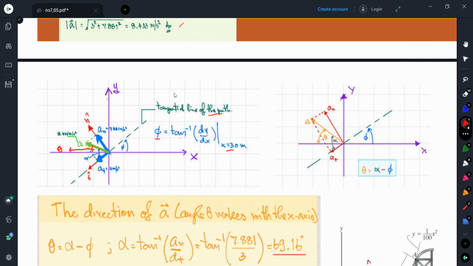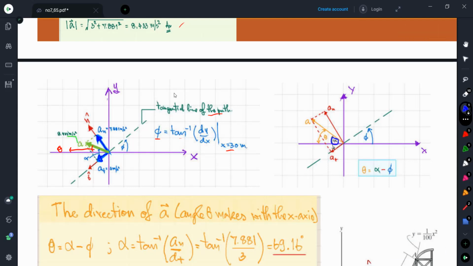Actually, we have two components, AN and AT, so the total acceleration is the green one. We can determine the angle between the total acceleration and the tangential direction, that is alpha.